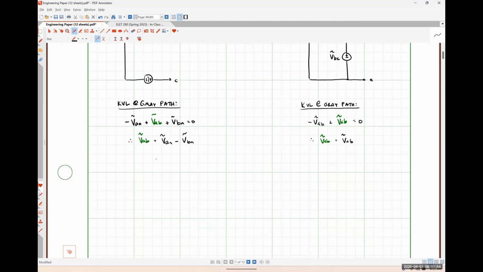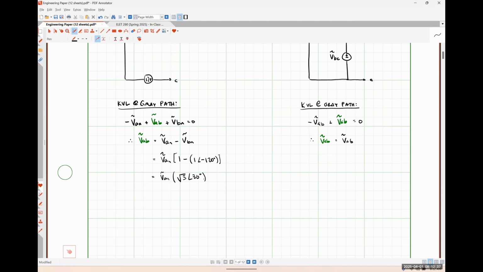So essentially, I could say that this is VAN times 1 minus 1 angle negative 120 degrees, which comes out to be VAN multiplied by the root 3 angle 30 degrees. I asked you guys to throw that into your calculator in our last class meeting, and you did find this result. So my terminal voltages, VAB, in green, are related to my phase voltage by a factor of root 3 angle 30 degrees.